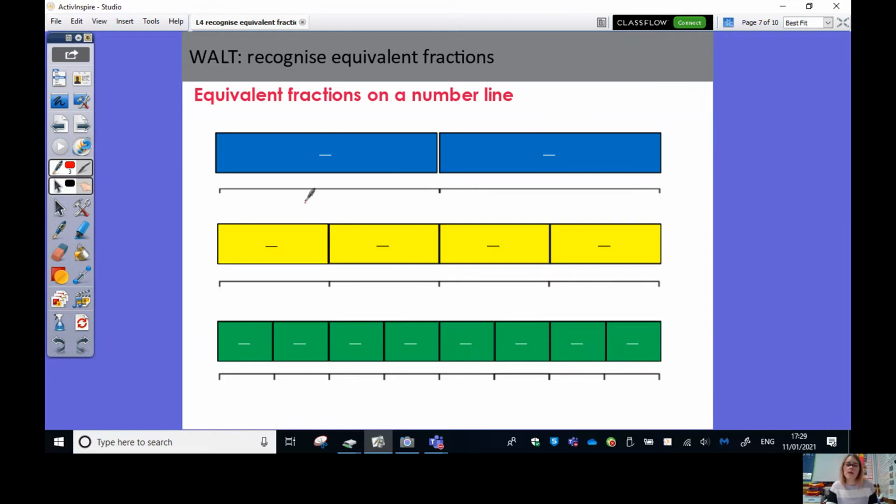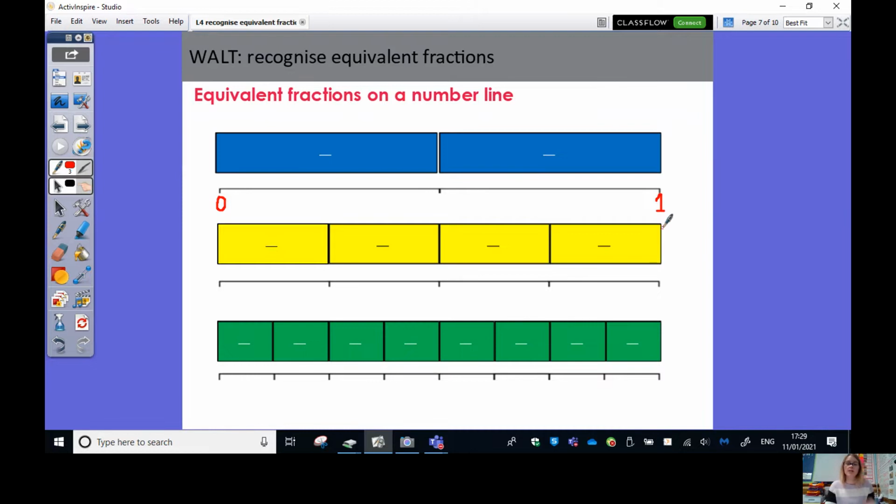So on the screen, you can see 3 number lines that are representing a strip from our fraction wall. So the first one is split into 2 parts. So I know that's going to be representing my halves. So on this side of my number line, I'm always going to start with 0. And on this side, I'm going to have 1 whole because fractions are part of a whole.